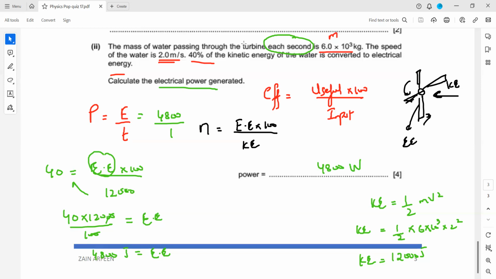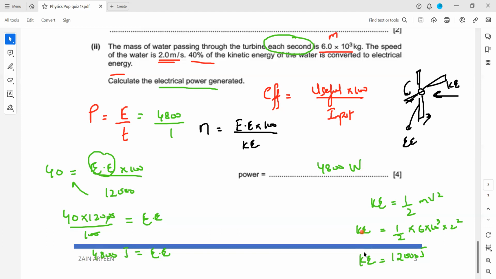As you can see, we first used the formula for kinetic energy to get how much kinetic energy input is there. And using the formula for efficiency, we found how much electrical output is there. And then to calculate the power, energy divided by time: 4,800 divided by 1, we get 4,800.